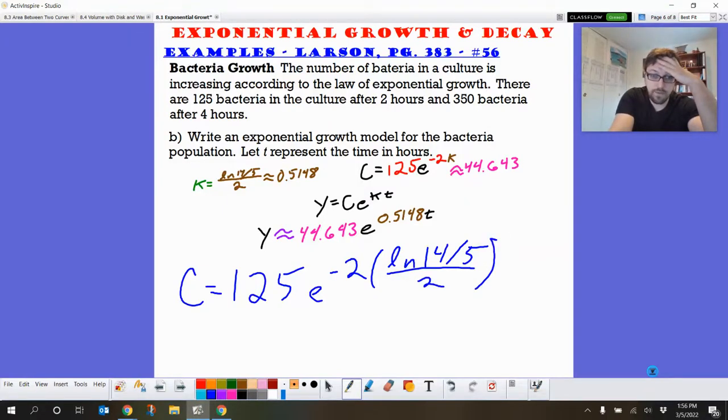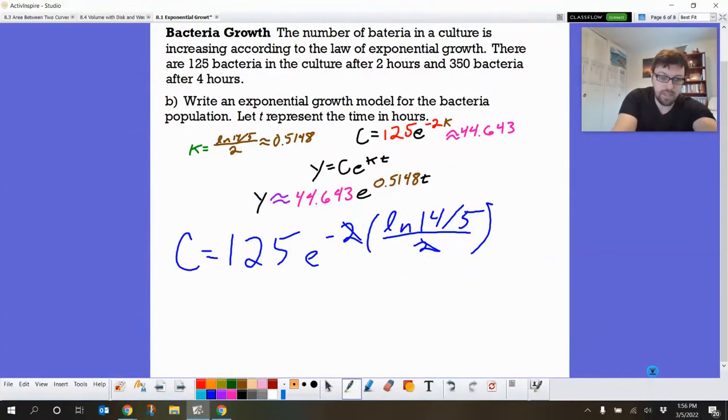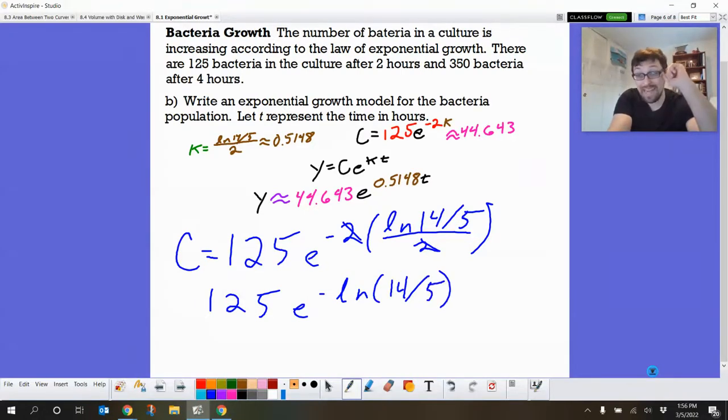But then if you look at that, those two twos cancel each other out. So then C is just 125 e to the negative ln of 14 fifths. You can bring that negative into the natural log, making it a negative 1 exponent. And that just means flip the 14 fifths.